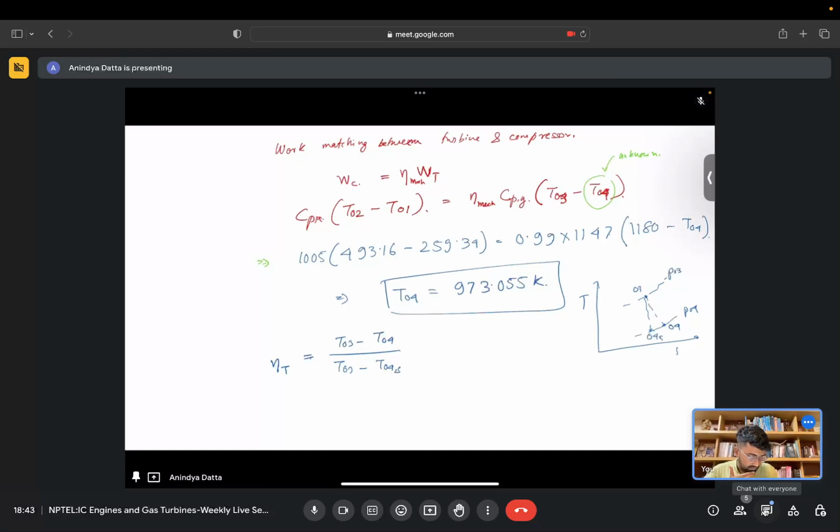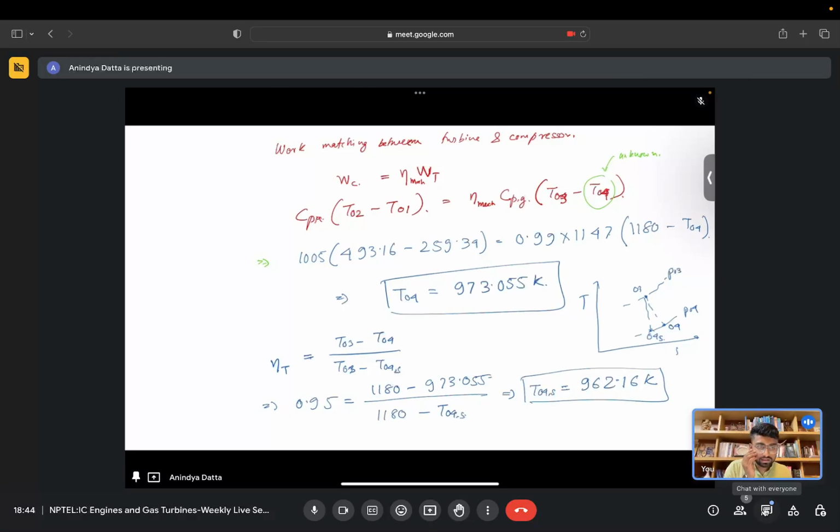Now the turbine isentropic efficiency is 0.95, T03 is 1180, T04 is 973.055, this is 1180 minus T04s, so T04s will come out as 962.16 Kelvin.